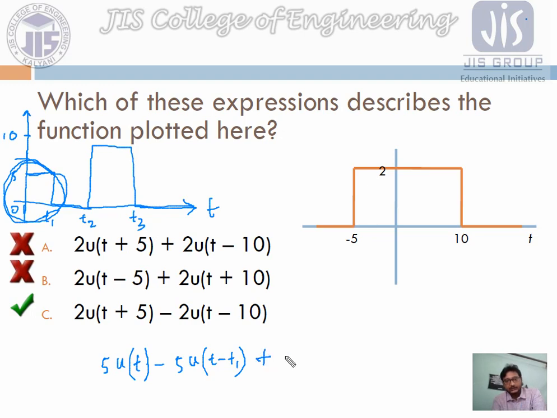So plus, the amplitude is 10, u of t minus t2, and obviously this signal continues from t2 onward. So again we have to subtract one signal which has started at t3. So we have to write minus 10 u of t minus t3. By this method we can write the mathematical equation for any type of signal.